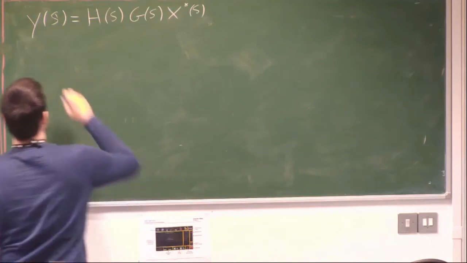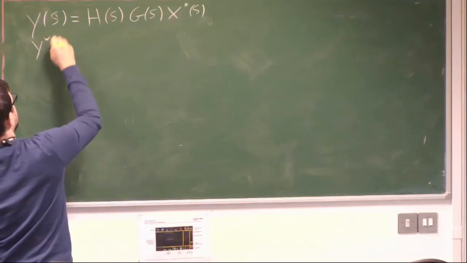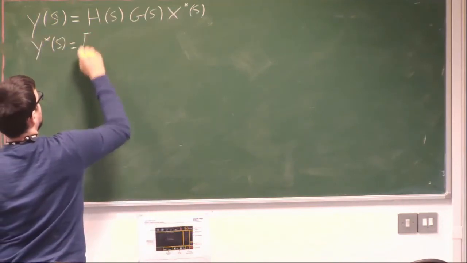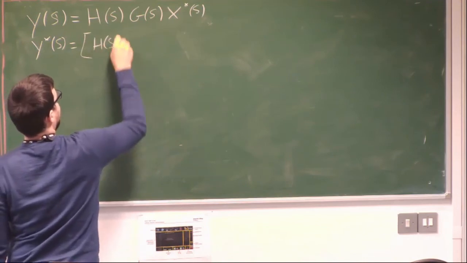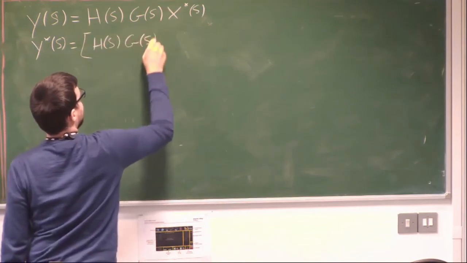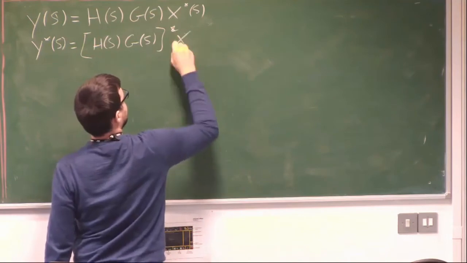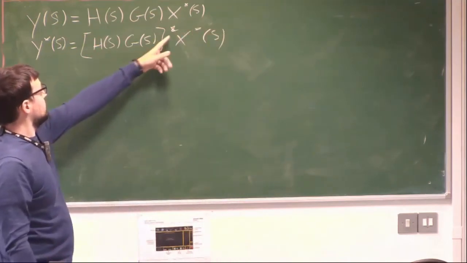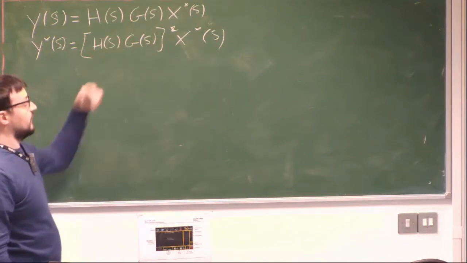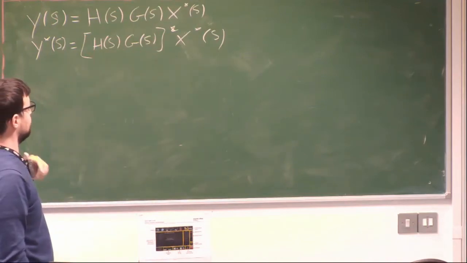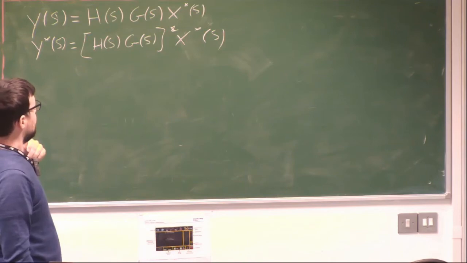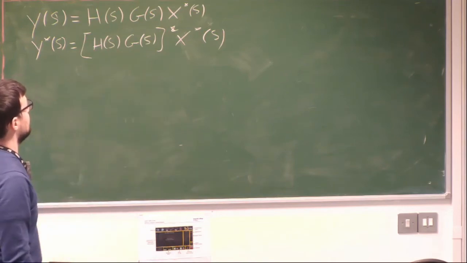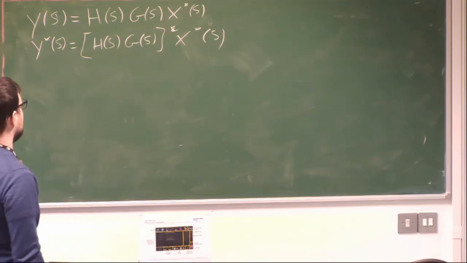Now we compute the starred version of this. And we get this expression. We cannot distribute this star to these two functions. They have to stay together.